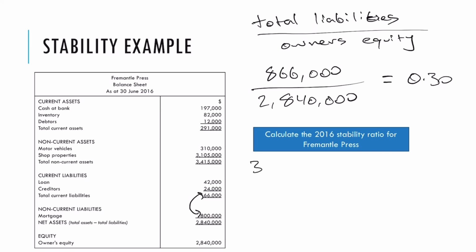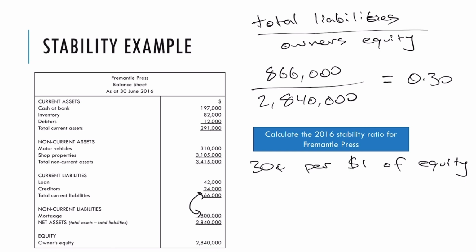So we can put this into figures: 30 cents of debt per dollar of equity. So this company is fairly lowly geared at the moment.